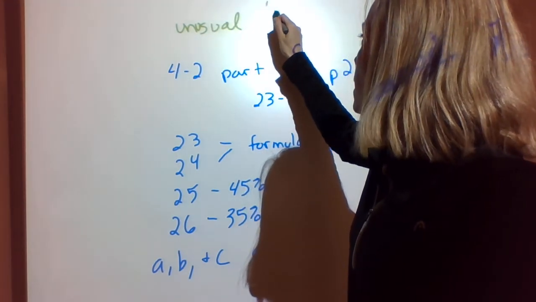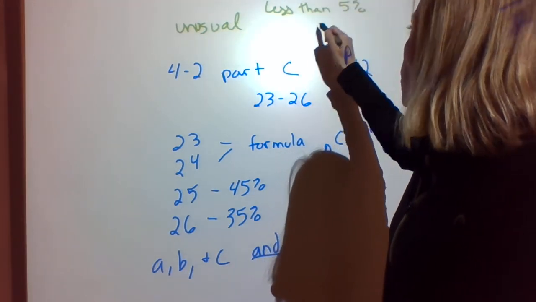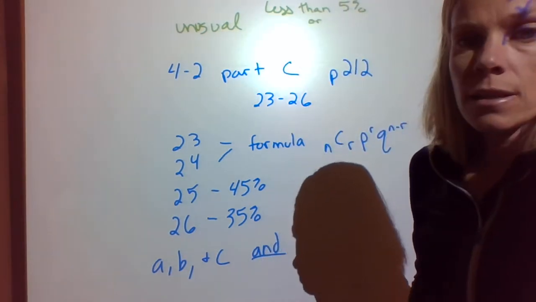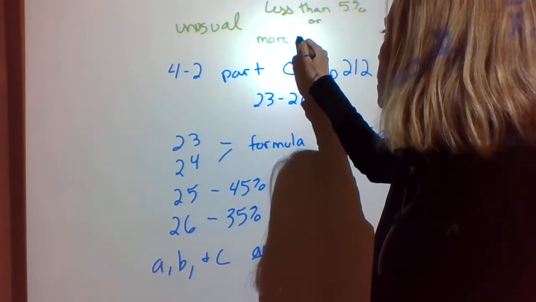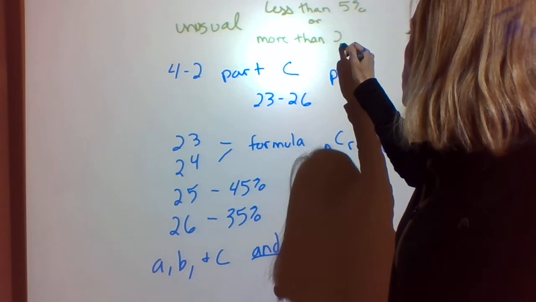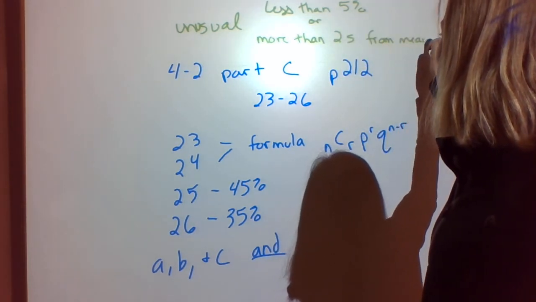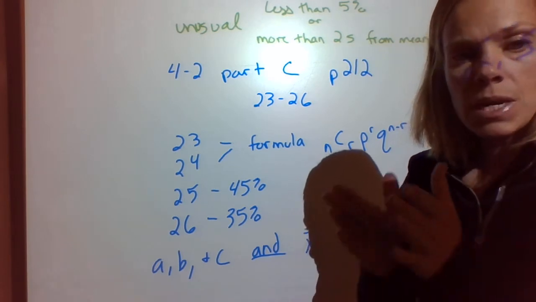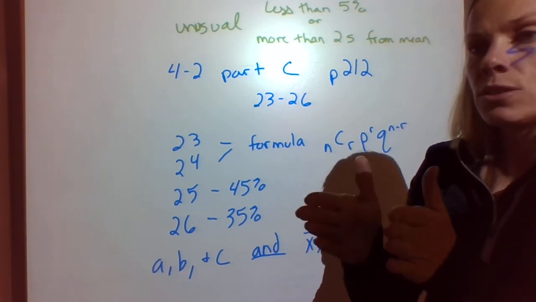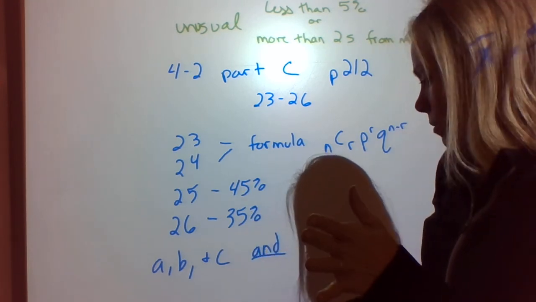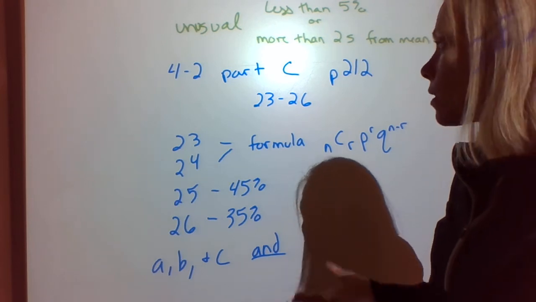Unusual is less than 5%, or another way to consider something unusual is that it's more than 2 standard deviations from the mean. Right? So if you have the mean, and add 2 standard deviations to it, and subtract 2 standard deviations, anything more or less than that would be considered unusual.